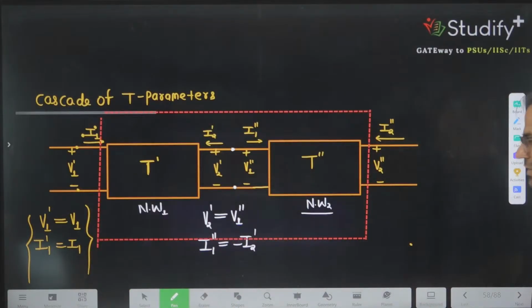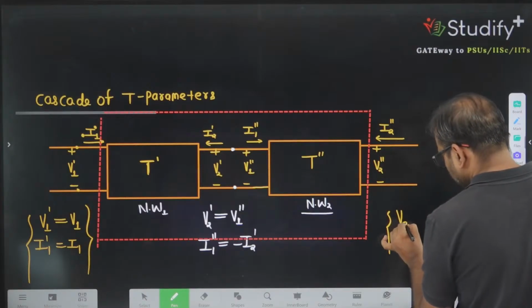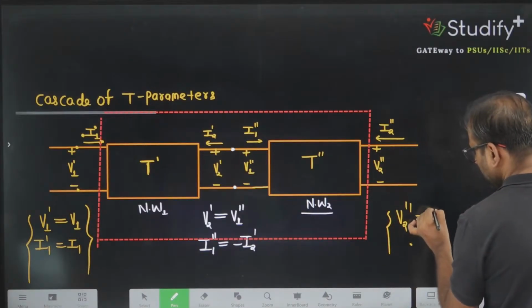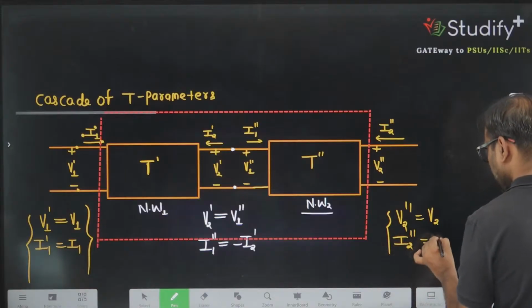So let's take V2 double prime as V2 and I2 double prime as I2.